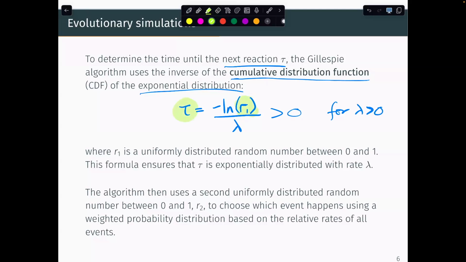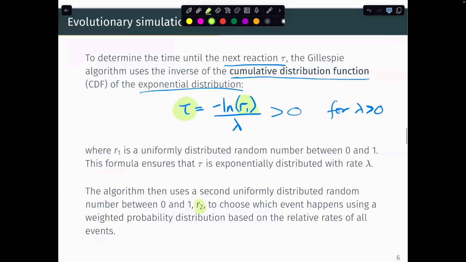We then generate a second random number R2, that's again uniformly distributed between 0 and 1. And then to choose which event happens, we now look at all of the individual rates that come together to form this total rate lambda. Look at all of those individual rates, say for your births, for your deaths, and so on.